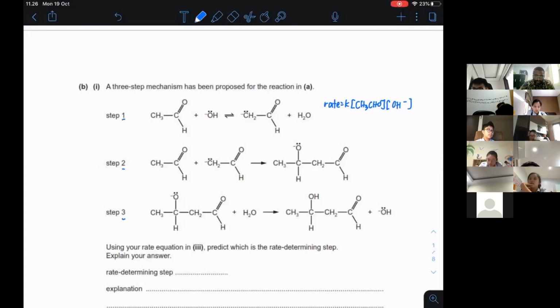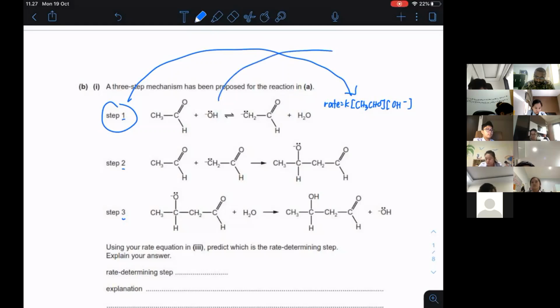First. Yes, step 1. Can you tell me why you selected the first one, Arnetta? Because all of the reactants are there. Yes. In order to determine the slowest step or the rate determining step, you need to look at the rate equation. The aldehyde is there, the OH minus is also there, and all of them are to the power of 1. So this is the one that I'm going to use to determine my rate determining step.